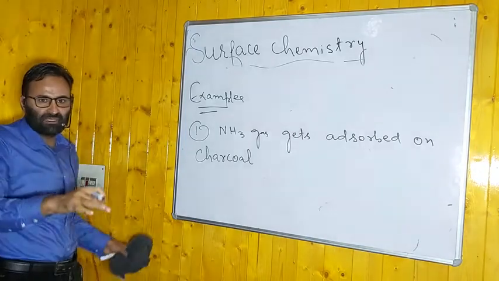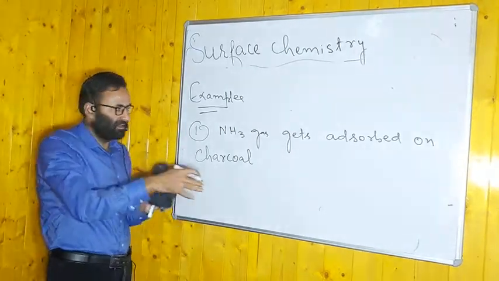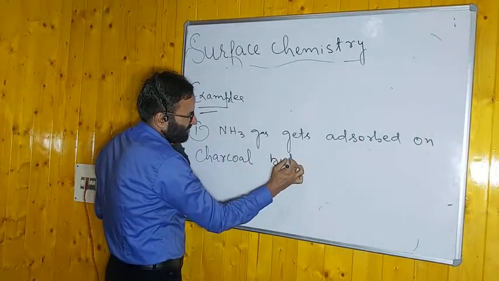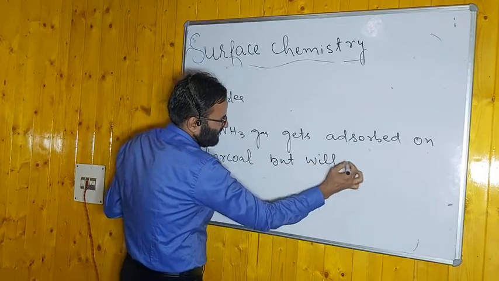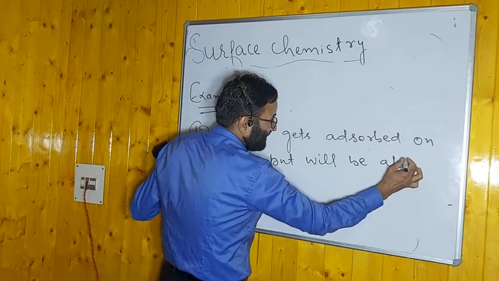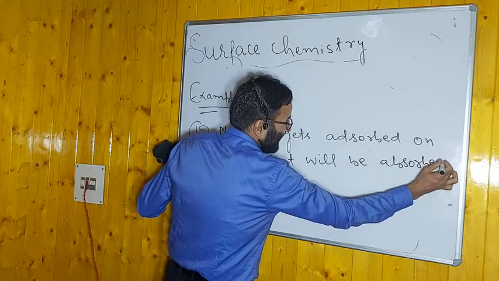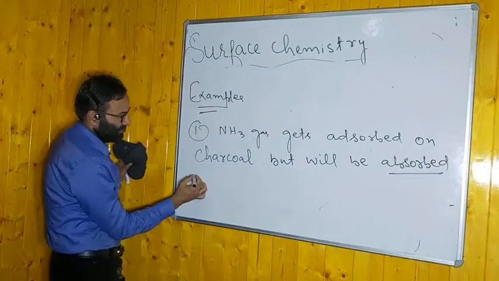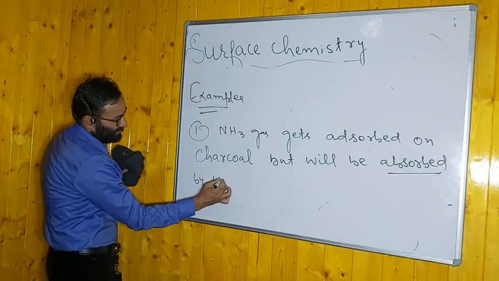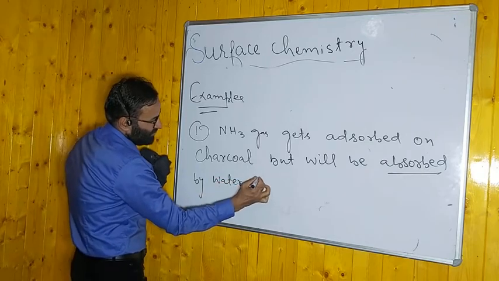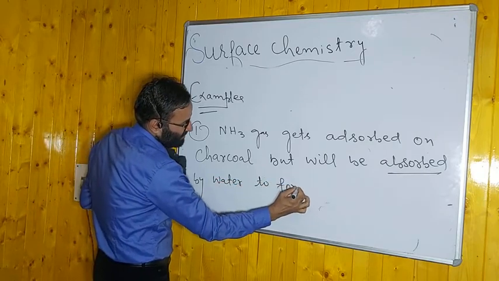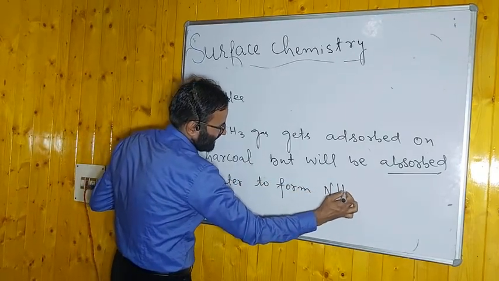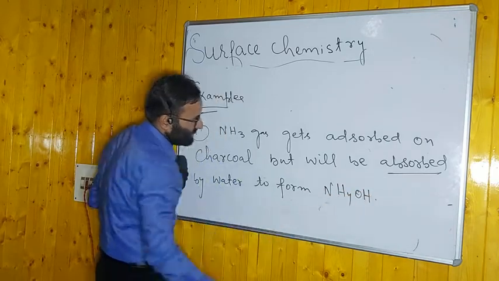If the ammonia gas comes in contact with charcoal, it gets adsorbed, but it will be absorbed by water to form ammonium hydroxide. This is the first example you have to mention.